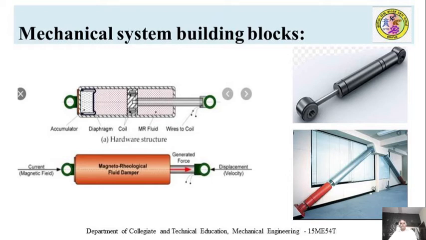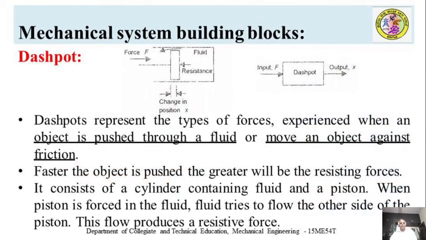So the next building block of mechanical system is dashpot. What is a dashpot? Dashpot represents the types of forces experienced by the system when the object is pushed through a fluid or move an object against friction.